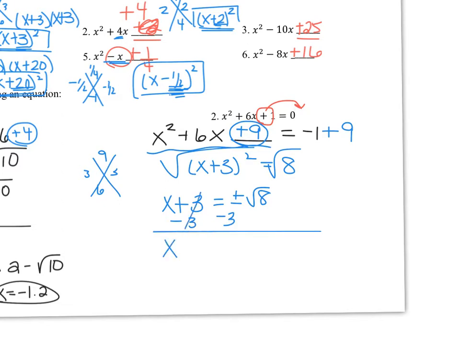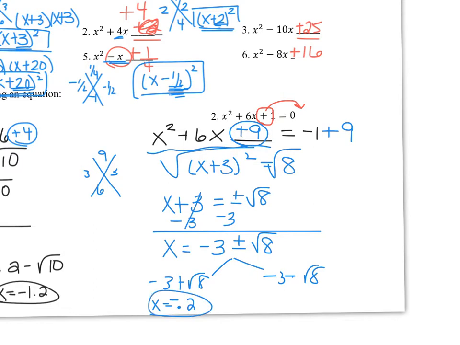So I have x equals negative 3 plus or minus the square root of 8. This could either be negative 3 plus the square root of 8, which is negative 0.2, or negative 3 minus the square root of 8, which is negative 5.8.